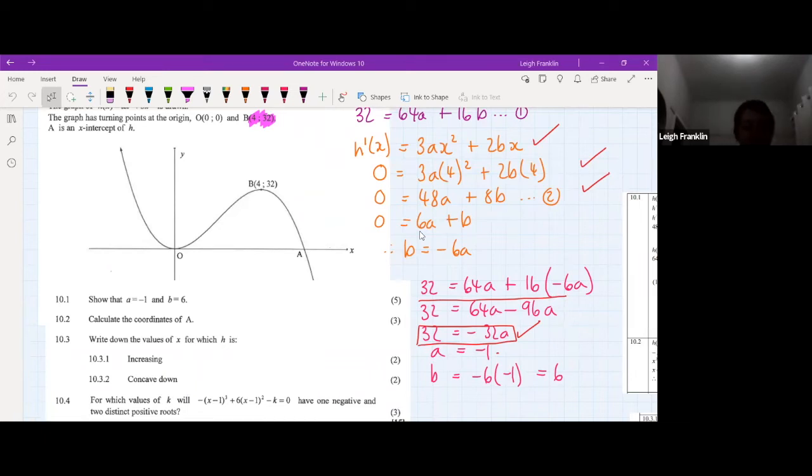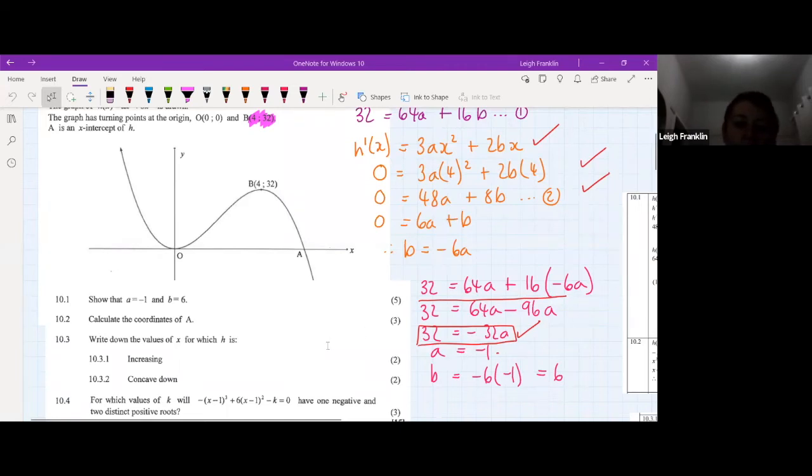In a mathematical sense, the word increasing means the gradient is positive. Lovely. So they're asking us for the values of x where the gradient is positive.